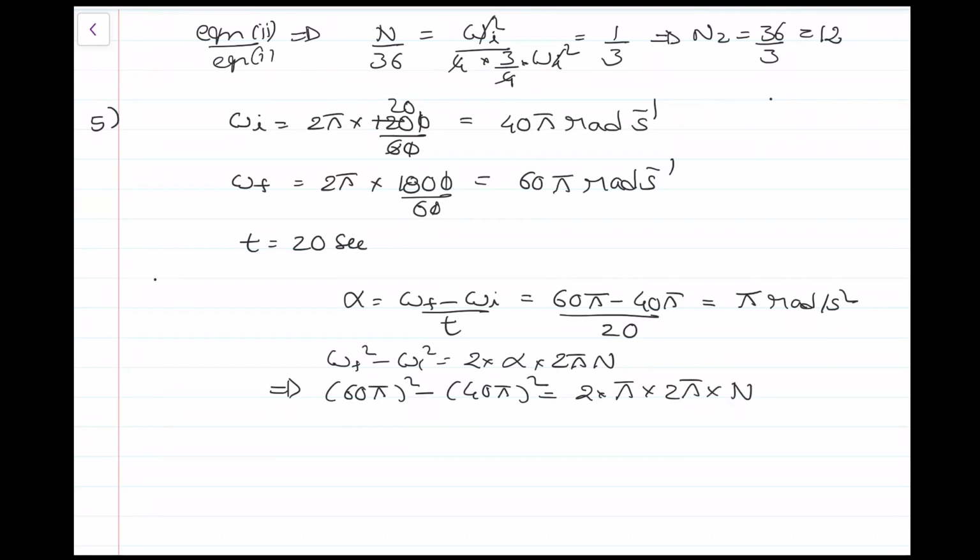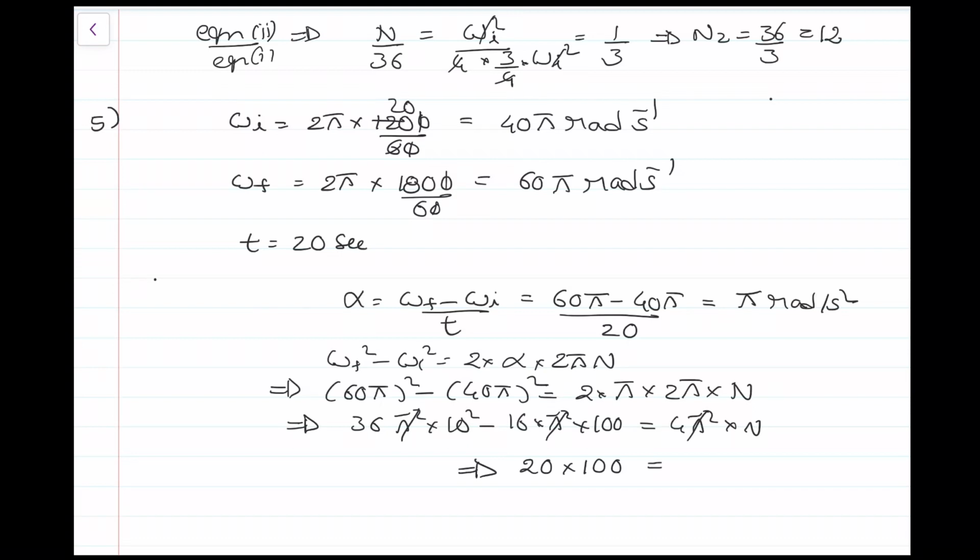This n we have to find out, so that is equal to 36π square into 100 minus 16π square into 100, that is equal to 4π square into n. π square can be cancelled, so 36 minus 16 is 20, into 10 square 100, that is equal to 4 into n. So n is equal to 500. So 500 rotations are made in this time interval.